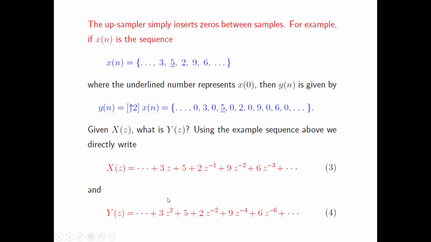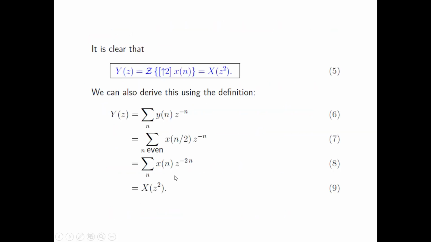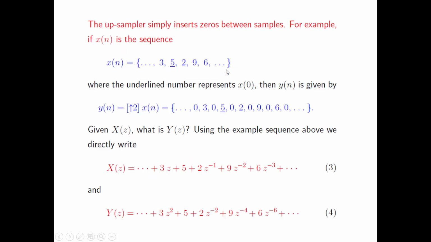We can also get Y(z). If you compare X(z) and Y(z), what you see is that we can have the notation Y(z) is equal to X(z squared). It is very evident from here also.